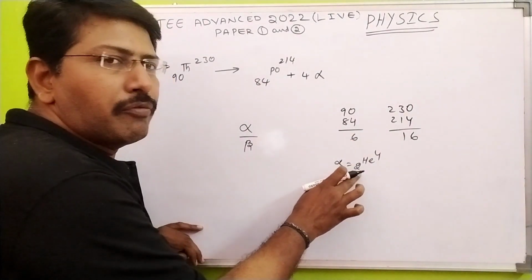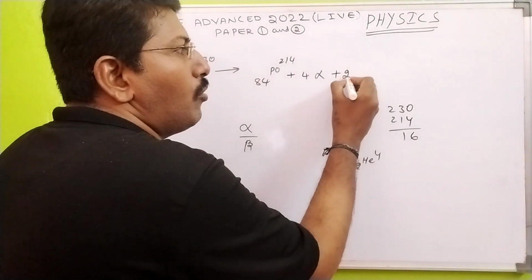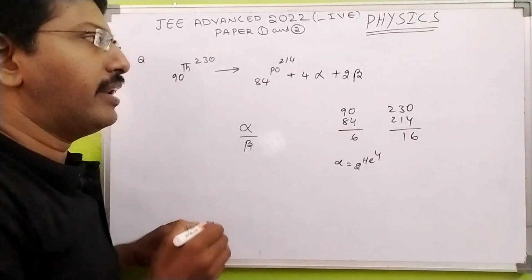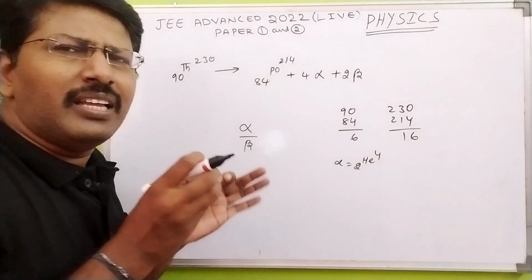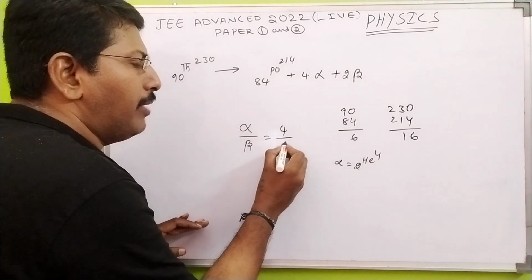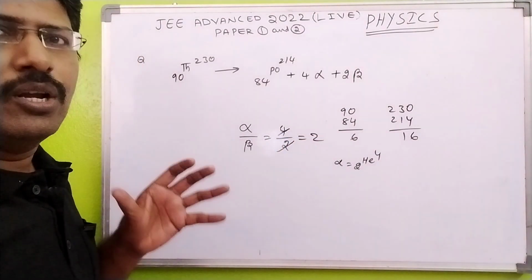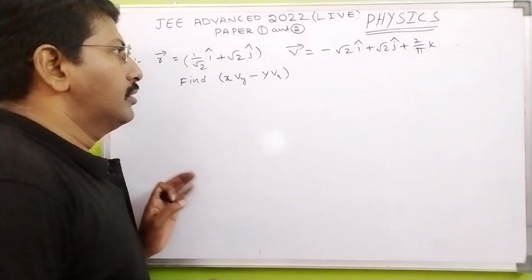So simply 2 beta particles are emitted. Now the ratio of alpha particles to beta particles: alpha 4 and beta 2, so the answer is 2. Okay, next problem I will explain.